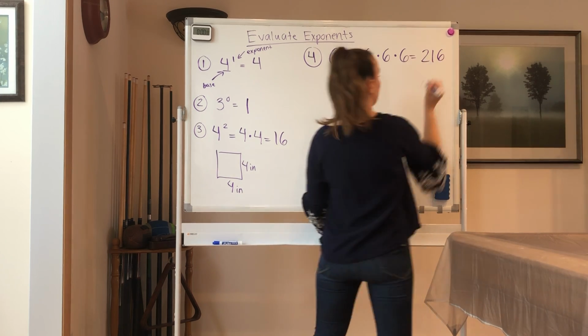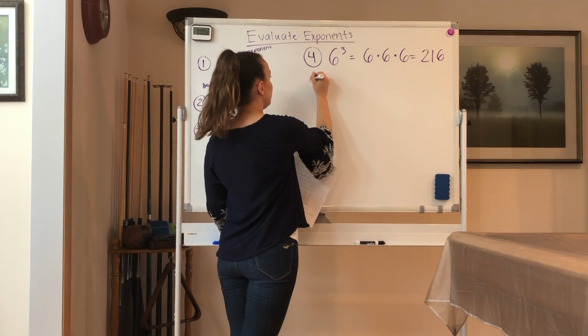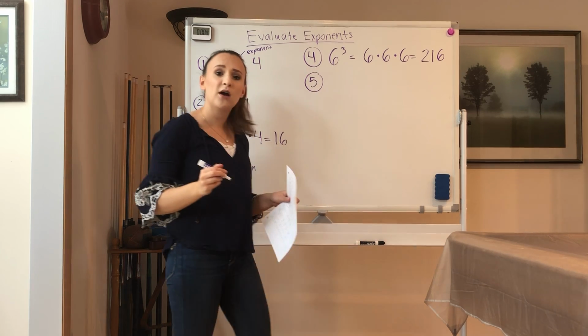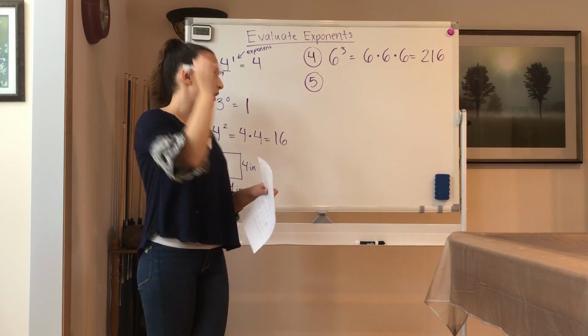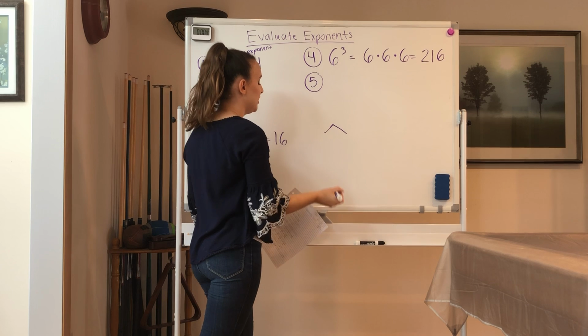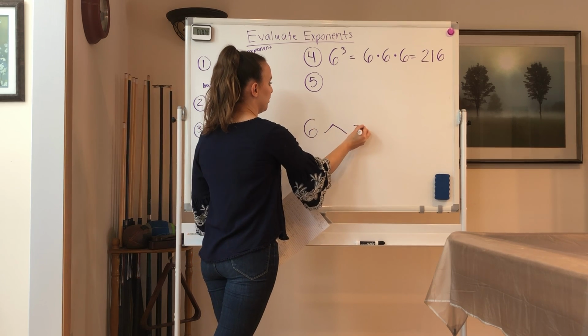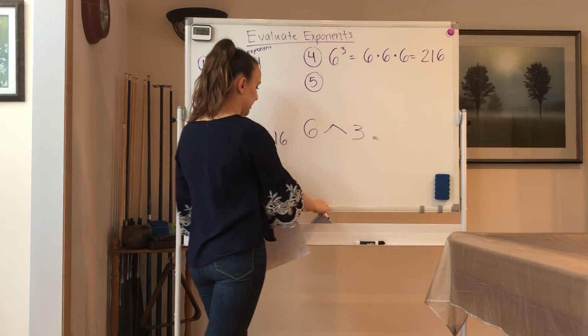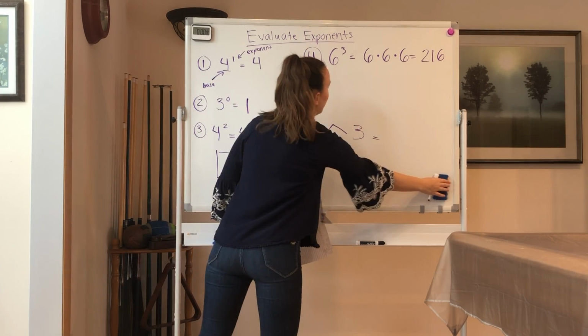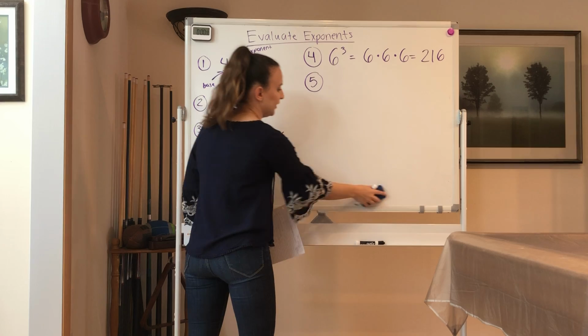You can just put that in your calculator. The other thing you can do is there's a caret button in your calculator. It looks like this. Okay? So what you could do is press the button 6, caret, and then put a 3, and then press equals, and you'll get 216. That's the other way you can solve it.